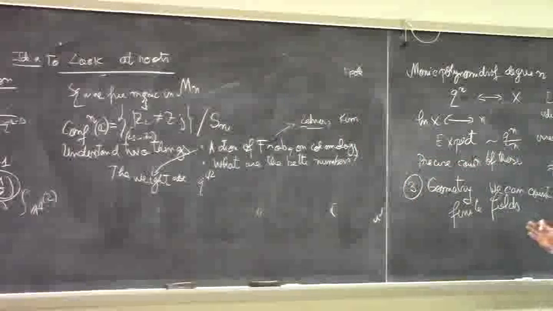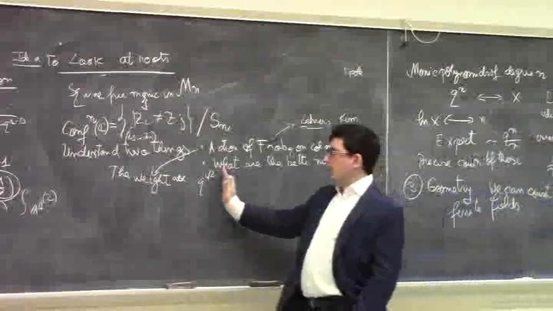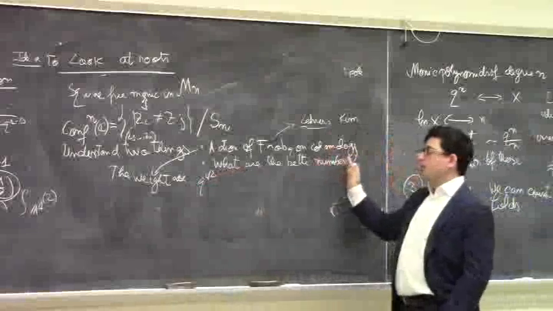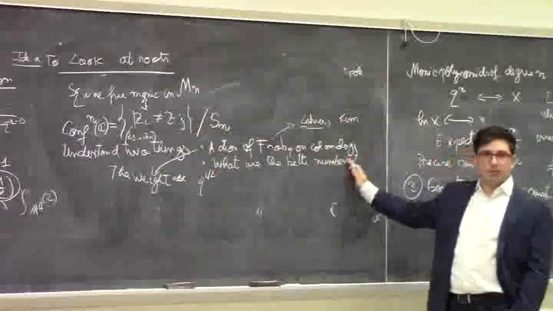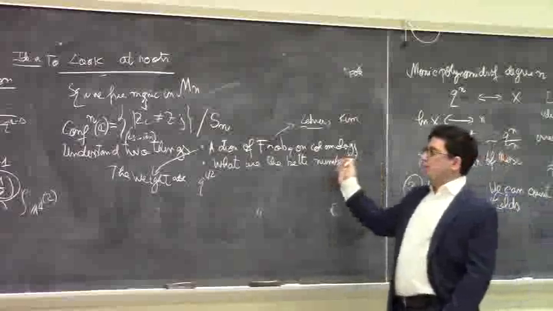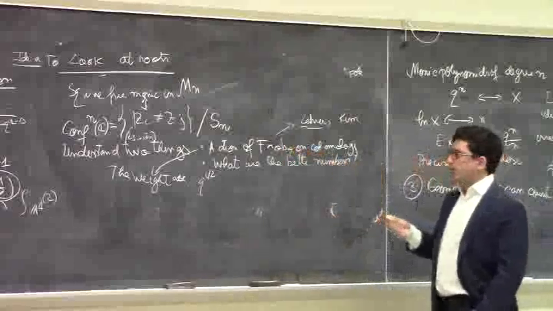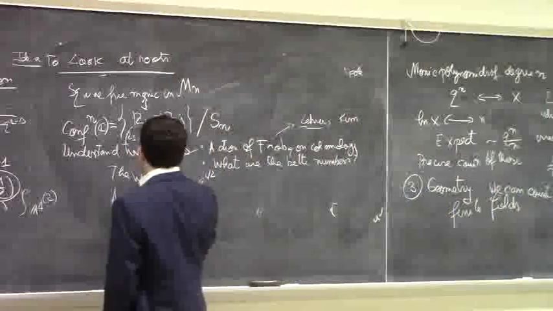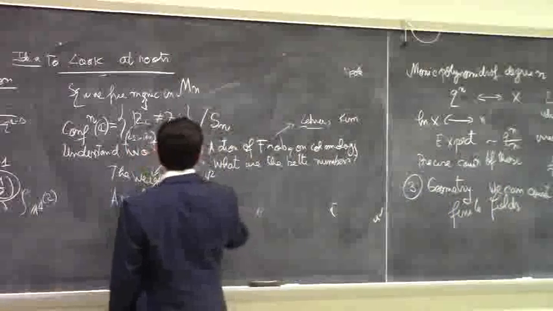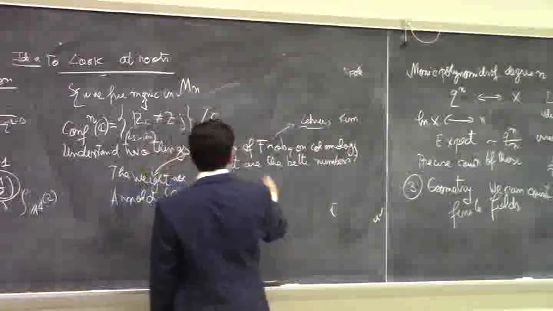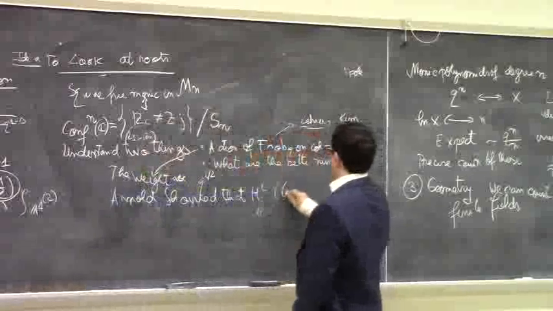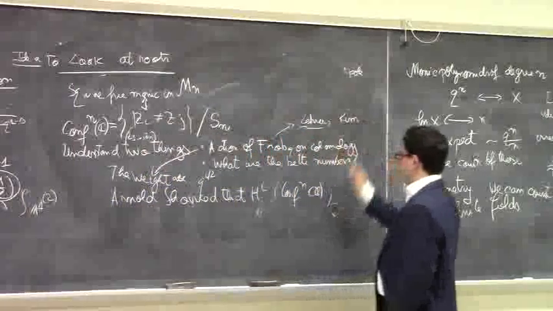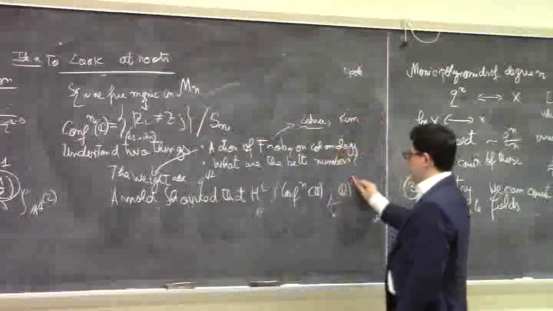So now we got this piece out of the way, and the only thing you're left to deal with is actually computing Betti numbers. Betti numbers were computed for this example by Arnold in '63. So Arnold showed that the H^i of configuration space, and it doesn't matter which coefficient you pick, so I'll put just Q here.